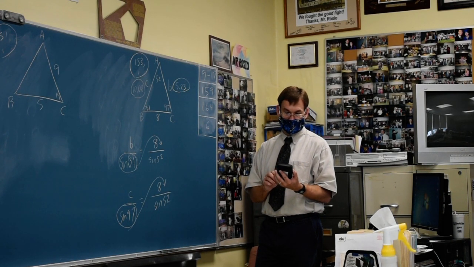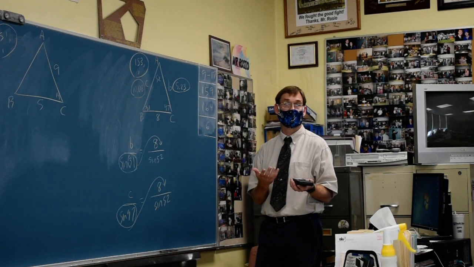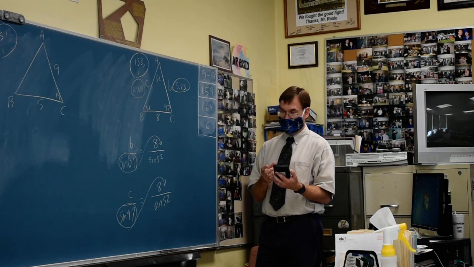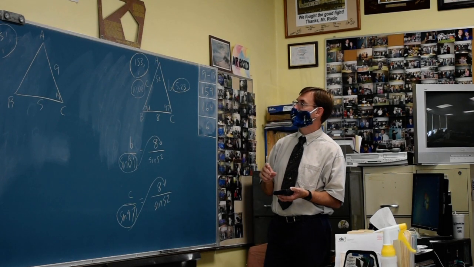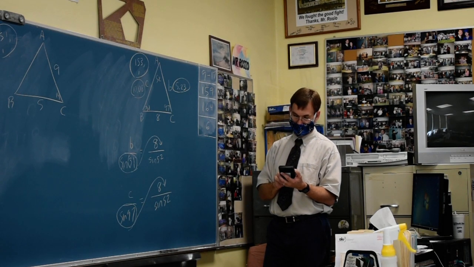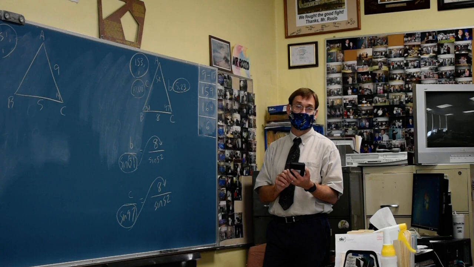I get a decimal that really has no meaning. 10.15? Anybody got it? If I'm going to do 8 over sine 52, what do you think another pairing I'm going to do is? 10.08 divided by sine 97. And my screen shows me 10.15.